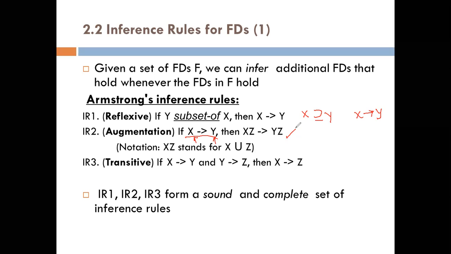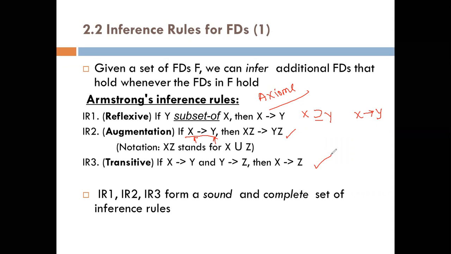The third is Armstrong's inference rule. These are also called Armstrong's axioms. The transitive rule: if X is determining Y and Y is determining Z, then we can infer X is determining Z, just like the transitive relationship in mathematical logic.